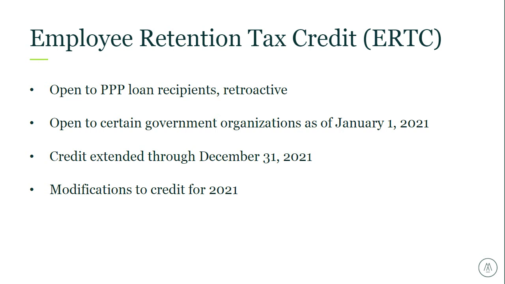Also, for certain government organizations, it's available to them as of January 1st, 2021. Mainly we're seeing colleges, universities, and organizations that are providing medical or hospital care. The credit was also extended through the end of the year, December 31st, 2021, and there were modifications made to the credit, which we'll cover at a very high level.